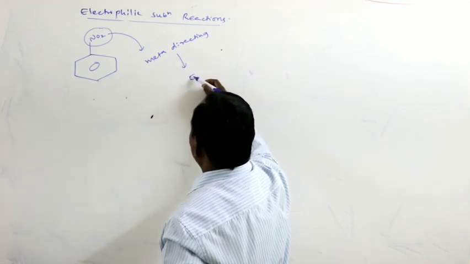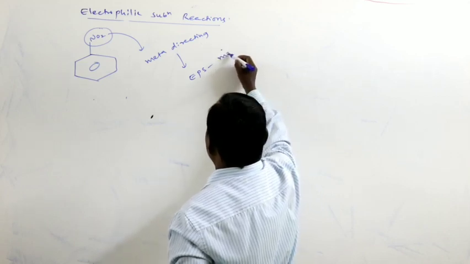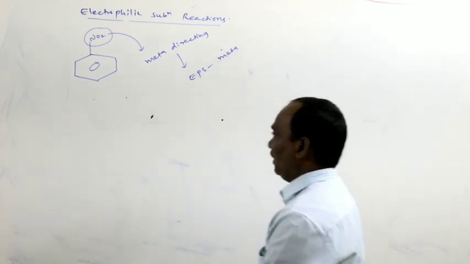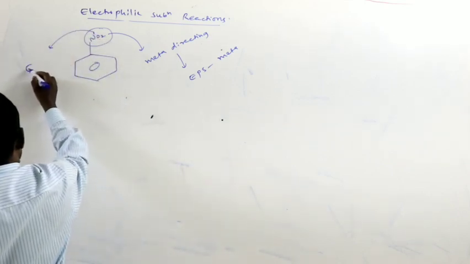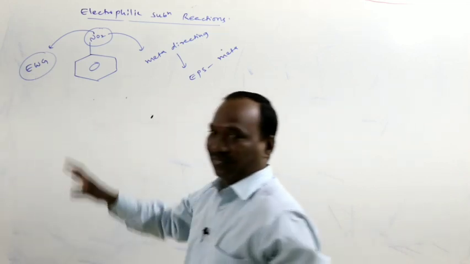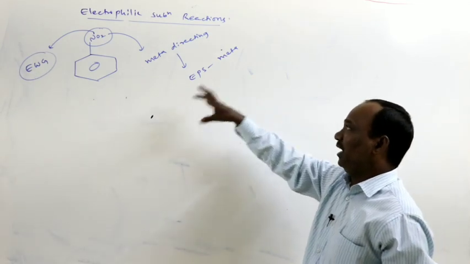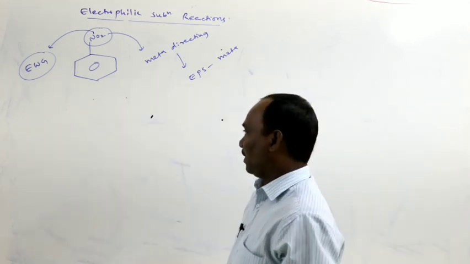Meta-directing group means electrophilic substitution takes place at the meta position only. Because a meta-directing group is an electron withdrawing group. So in the presence of an electron withdrawing group, electrophilic substitution reactions take place at the meta position only.